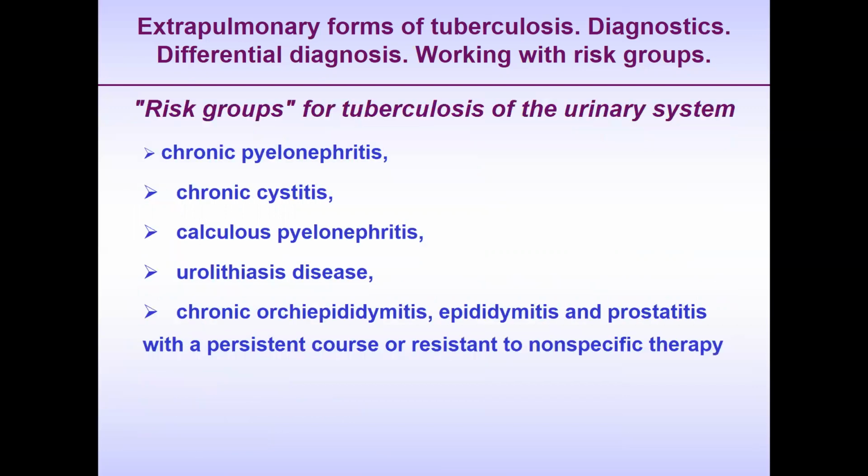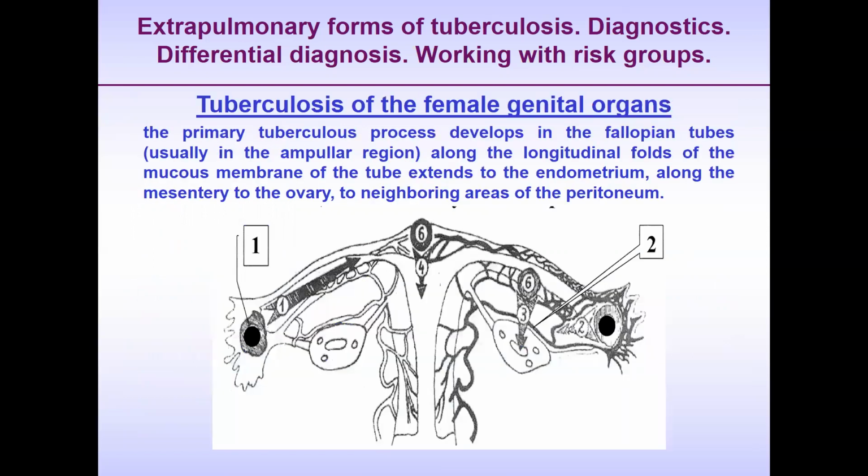Risk group for tuberculosis of the urinary system: chronic pyelonephritis, chronic cystitis. Tuberculosis of the female genital organs.